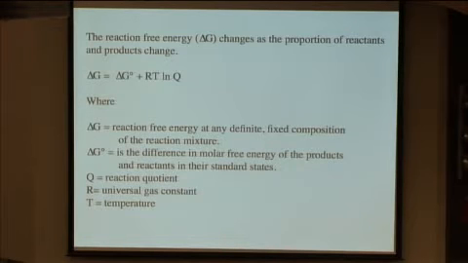So let's look at some equations. So delta G is the change in free energy, the difference in free energy at some point in the reaction, at any time with some amount of composition. We also have delta G naught, which talks about delta G under particular conditions. So it's sort of the standard free energy. We have a term called Q, which is the reaction quotient, which tells you about products and reactants. We have our friend R, which is the gas constant.